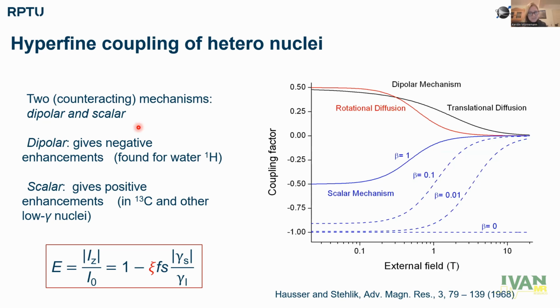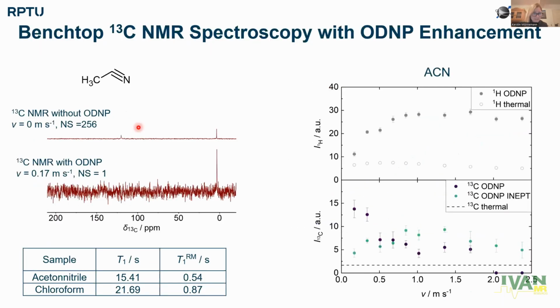So let's see if we can still do something with that. So that's now acetonitrile running through our setup. And here's the thermally polarized spectrum measured without flow, because if we just switch on the pumps, the whole signal will vanish, and it's accumulated with 256 scans.